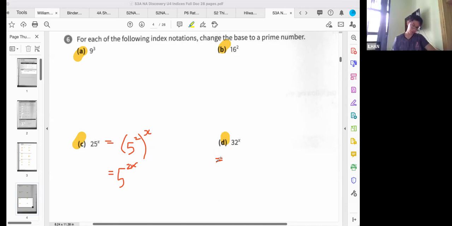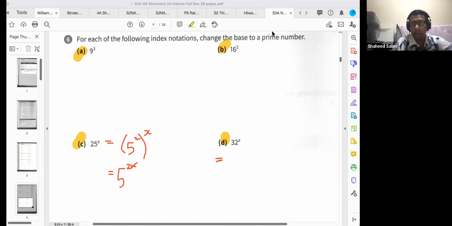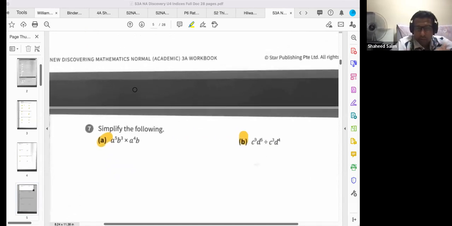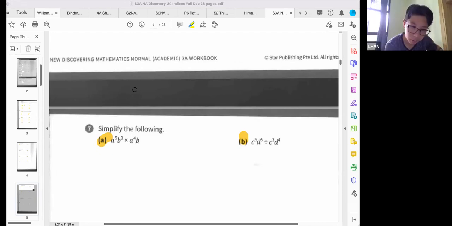2 to the power of 5x. Okay, well done. No problem. Okay, this one, 7a. You can just tell me this one. I mean A9, B3, B4.